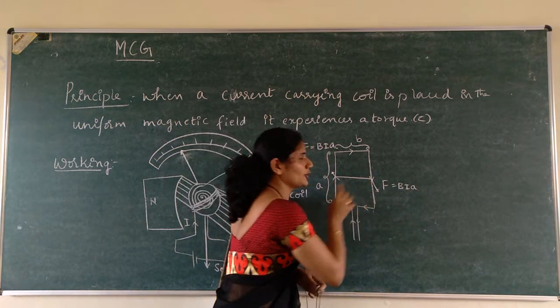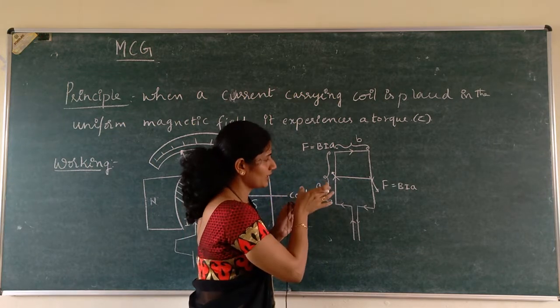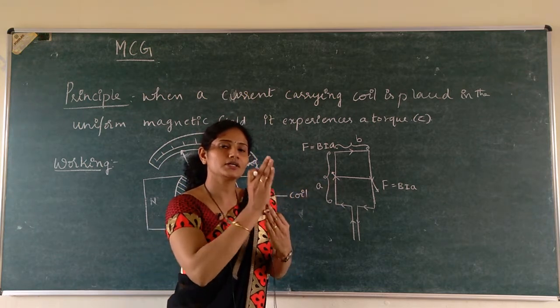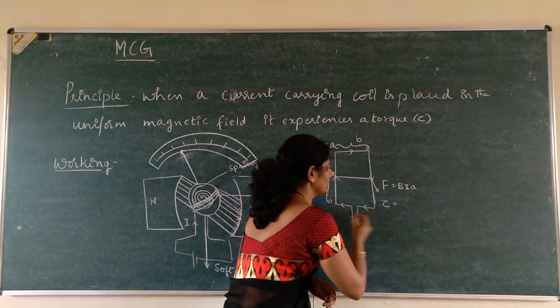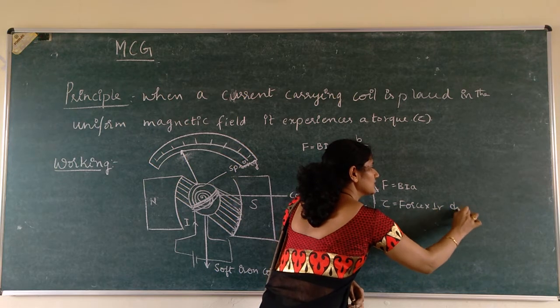Due to these two equal and opposite forces, torque will act on the coil, and due to that torque the coil will start to rotate, right. So the torque acting on the coil, tau is equal to force into perpendicular distance.